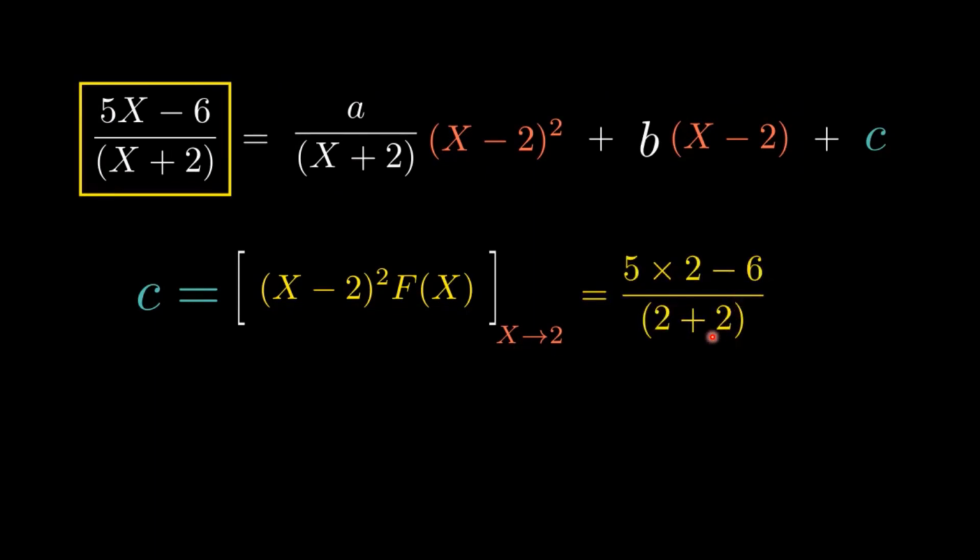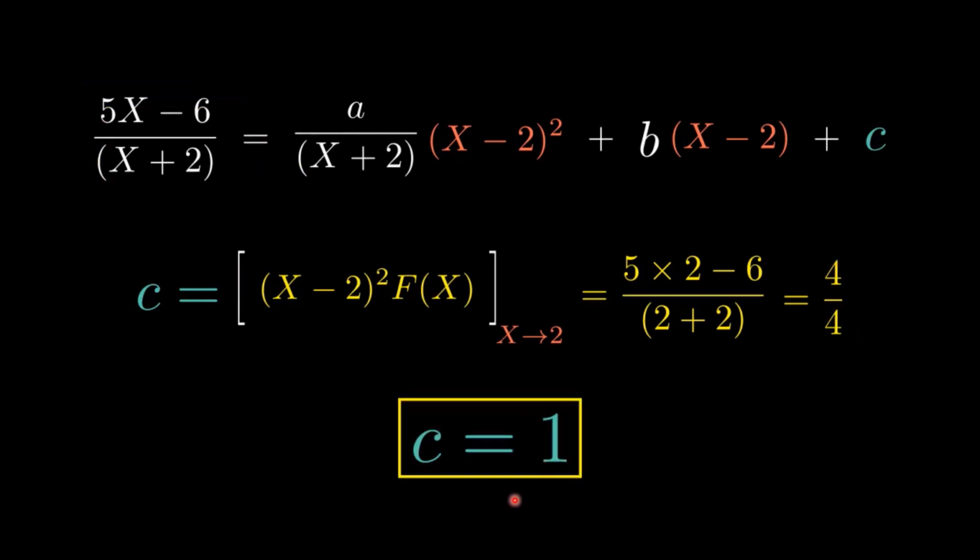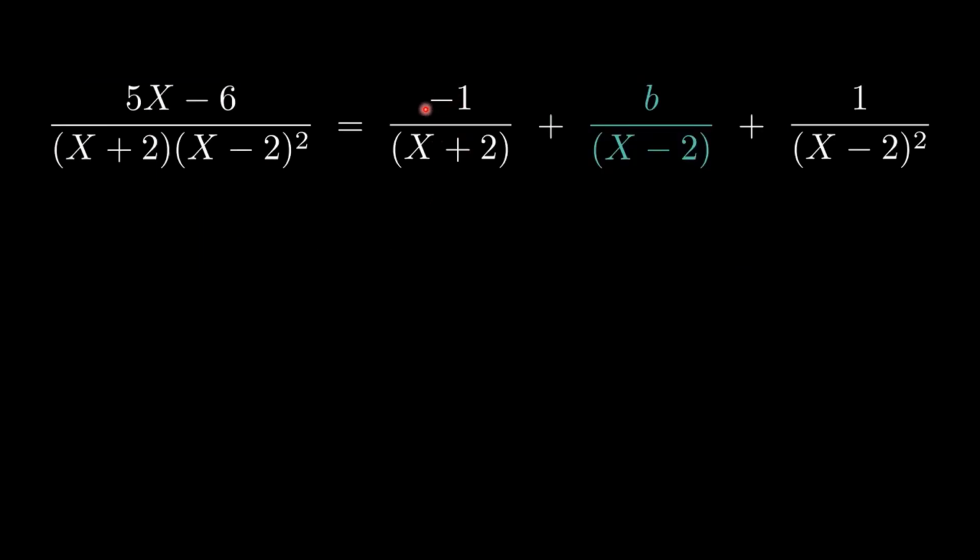We replace x by 2, that gives 4 over 4, which is 1, so c equals 1. We have a is negative 1 and c equals 1. Now we look for b.